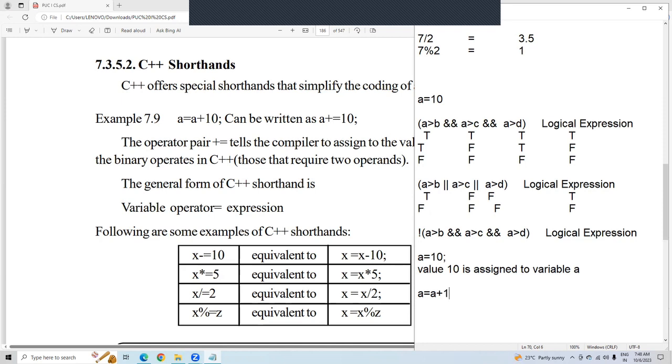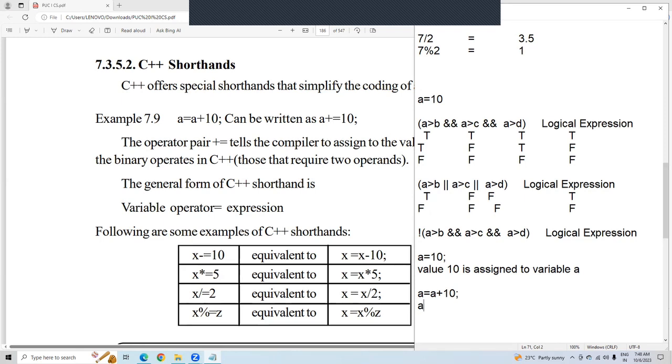A plus 10 assigned to variable A stands for, see, the shorthand assignment operators have to be used when before the assignment and after the assignment there must be the same variable name. In such a case, you write the first variable name as it is.